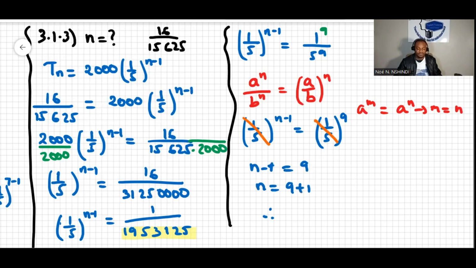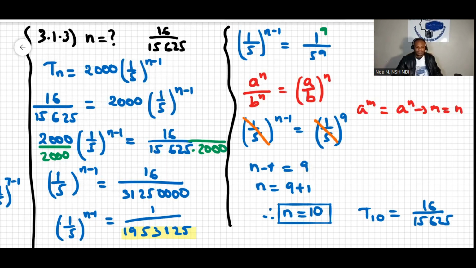So therefore, n is equal to 10. In other words, it is the 10th term. So T10 is equal to 16 over 15,625. Okay. Thank you.